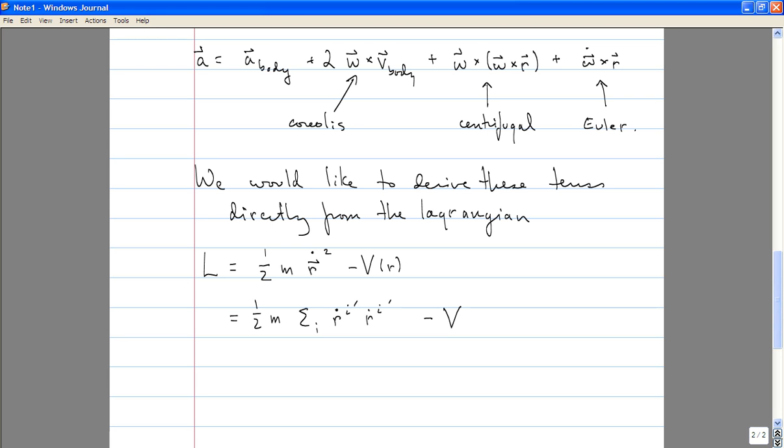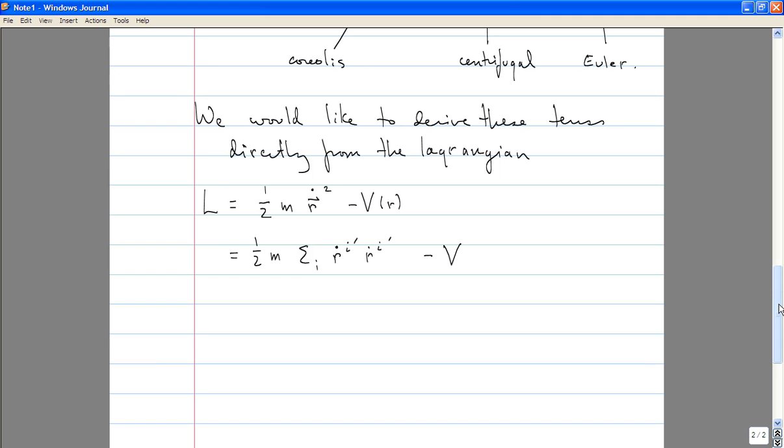Let's say I wanted to write the equations of motion using as my dynamical variables the coordinates of this particle in a rotating reference frame rather than a static reference frame. Well, that's something that we know how to do using our Lagrangian recipe. So we just remember that ri prime is the sum on j, U ij, rj.